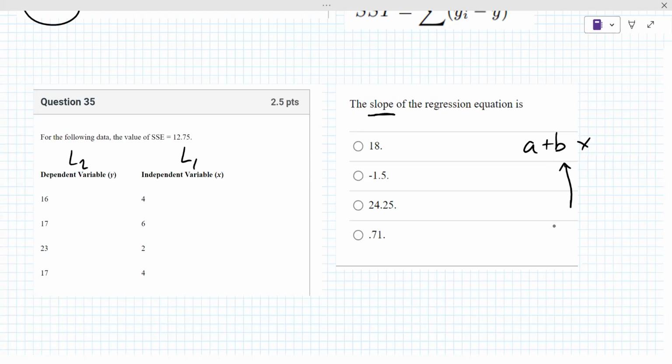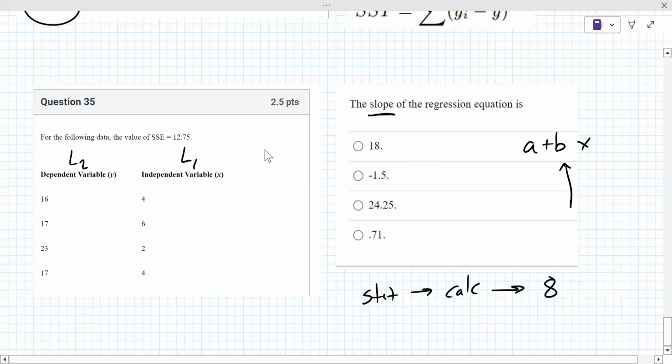You don't need the C level for this. This is a regression equation. Stat, calc, number 8 after you get the data in L1 and L2.